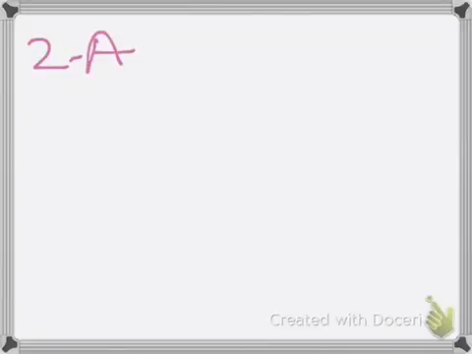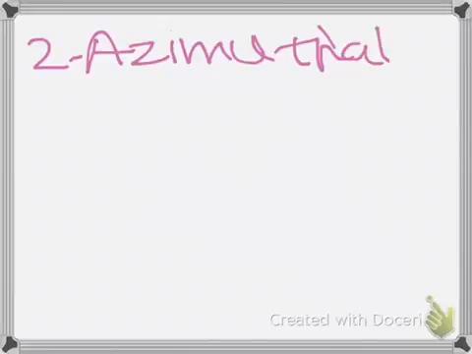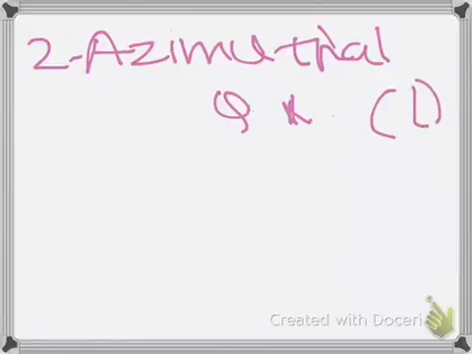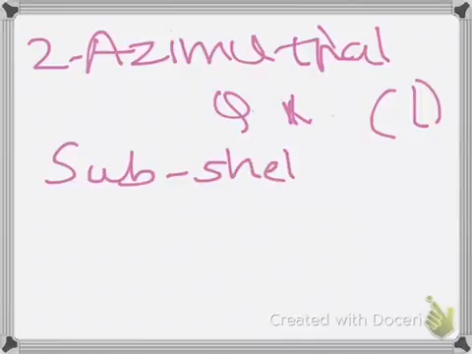Moving on to the azimuthal quantum number. It is also called the secondary, subsidiary, orbital, or angular momentum quantum number. It is represented by the letter L. This basically represents the subshell to which an electron belongs.